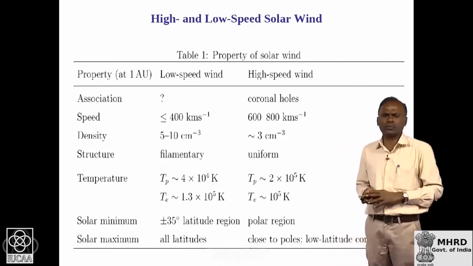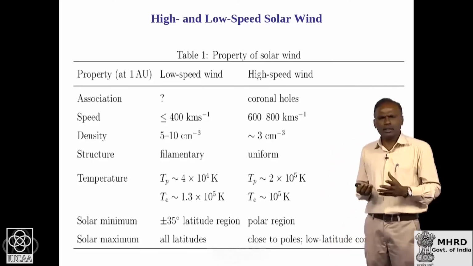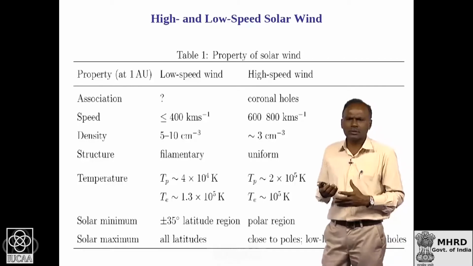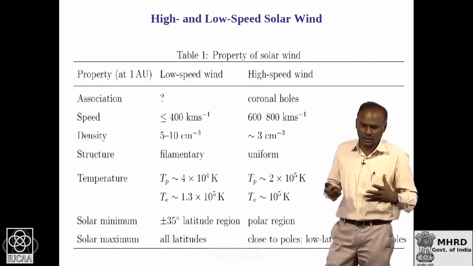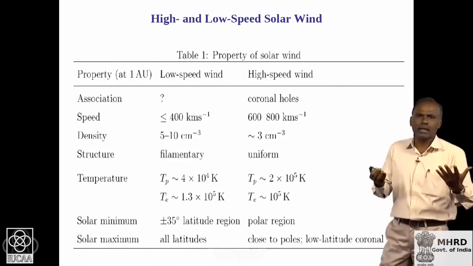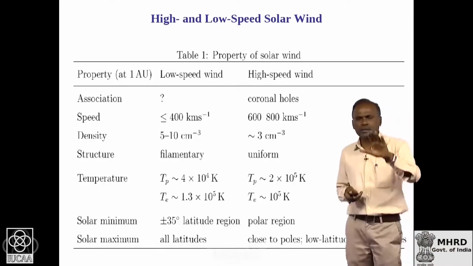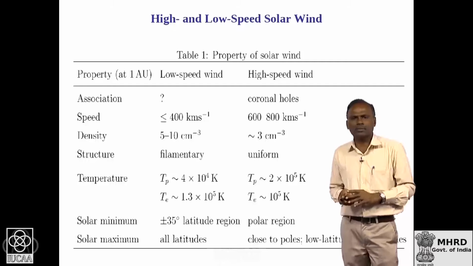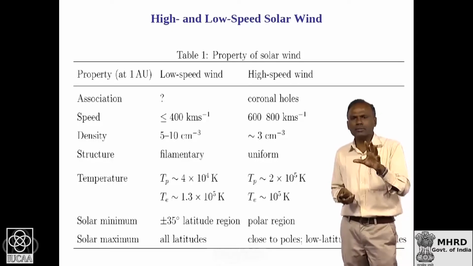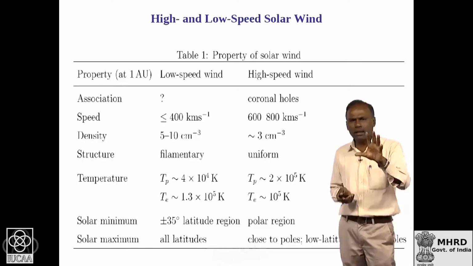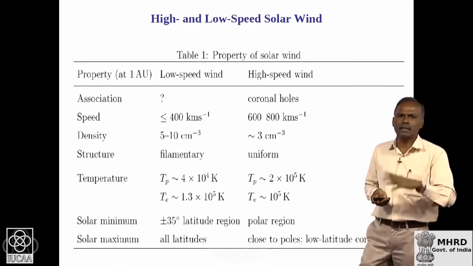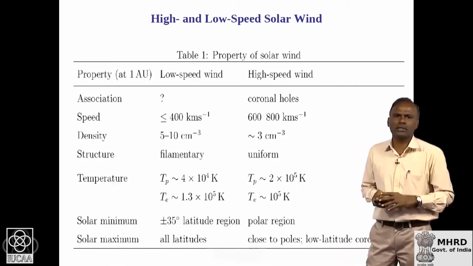So, they originate from the polar region during solar minimum, whereas during solar maximum they can originate from low latitude coronal holes. So, the major property differences between these two are seen in speed, density, and proton temperature.